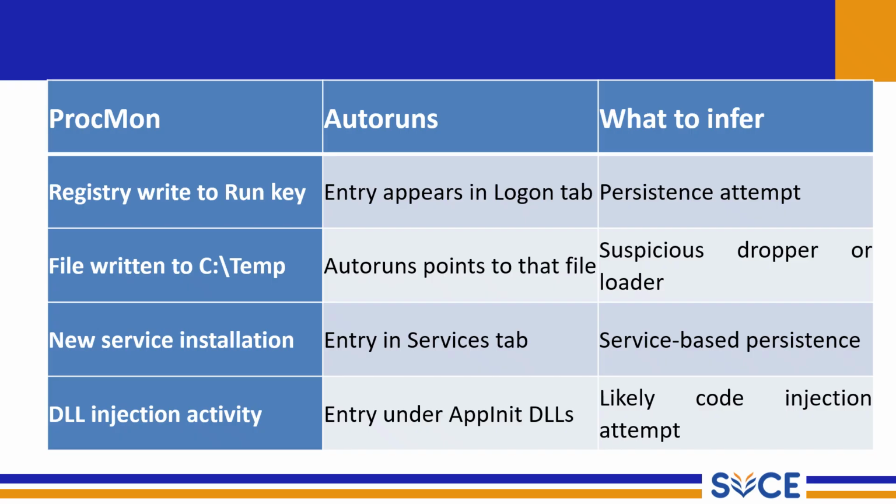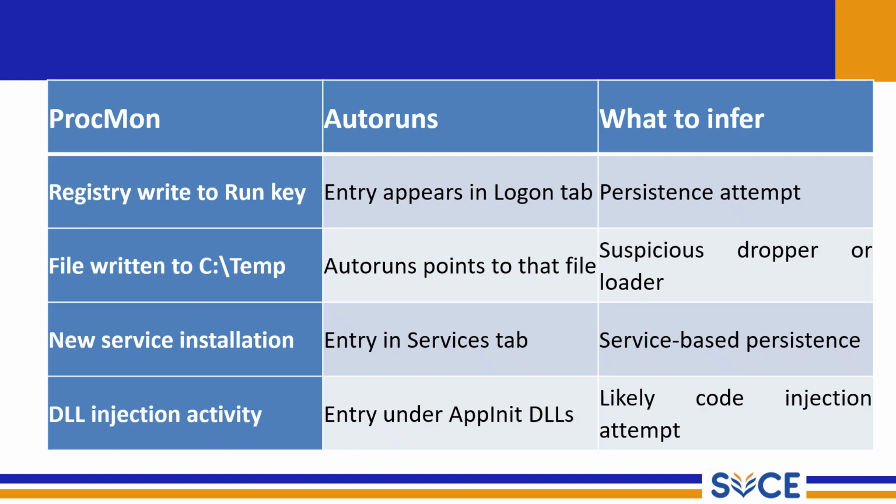Okay, and common auto-start locations: registry run keys, that is HKLM or HKCU, scheduled tasks, services, browser helper objects or Winlogon notifications, AppInit DLLs, and startup folders. Okay. And there is a combined analysis approach using Autoruns and ProcMon.